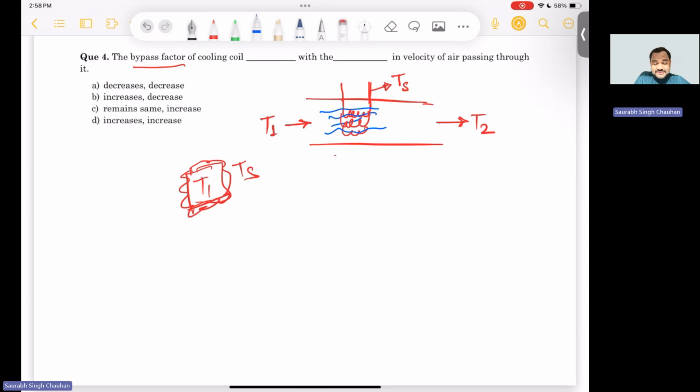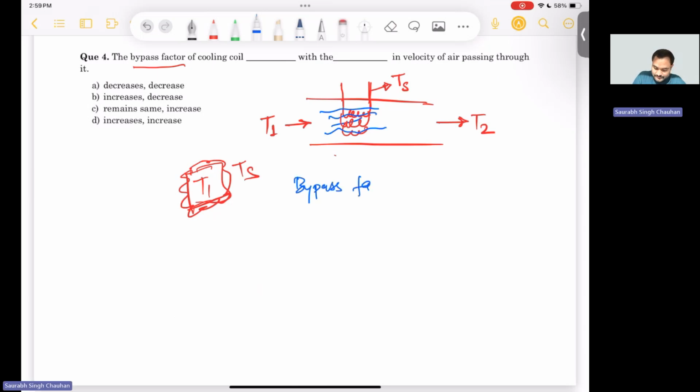And it will exit at some temperature T2, okay? So there is some loss of cooling, right? Loss of cooling in case of cooling coil and loss of heating in case of heating coil. So quantification of that loss is something we call as bypass factor, okay?